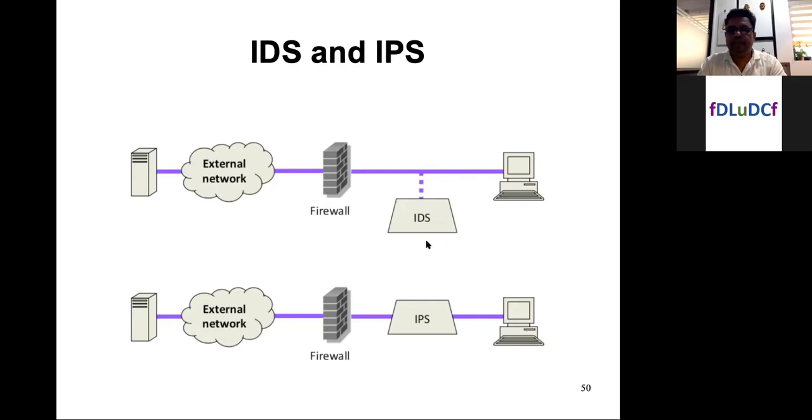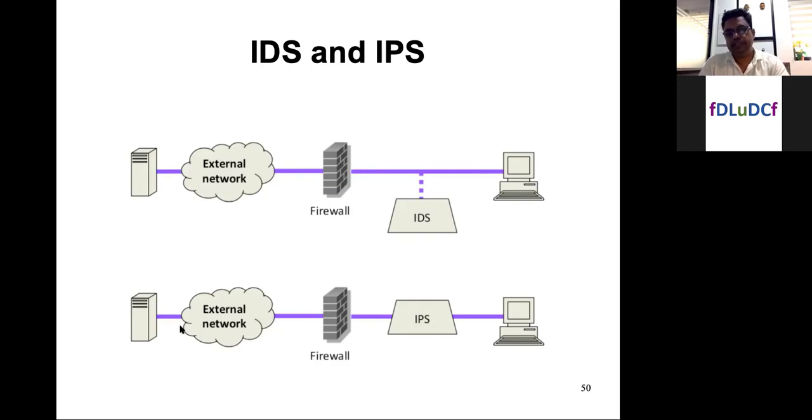Maybe we can connect a network-based IDS here. It will look at the traffic which comes after the firewall. If the firewall cannot detect anything, and some malicious activity still goes into the internal network or comes from outside, then this IDS will detect it and warn the system admins. So IDS are usually passive listeners in the networks, and IPS are active listeners.